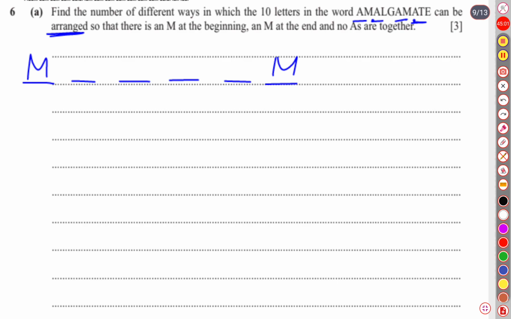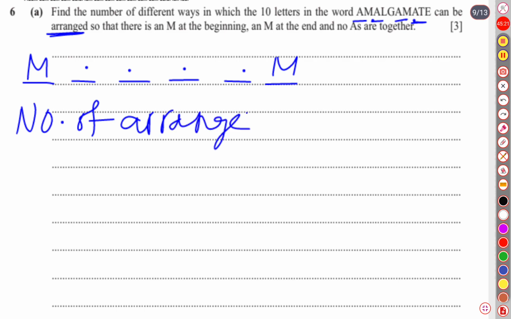These four letters can interchange their positions, and we have already decided that we are going to apply the permutation concept for arrangements. So let's write the number of arrangements: there are four letters which can interchange their positions in 4 factorial ways.